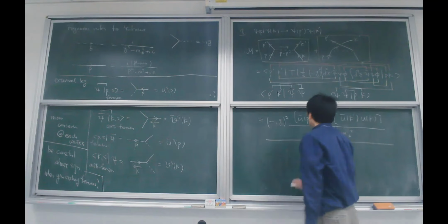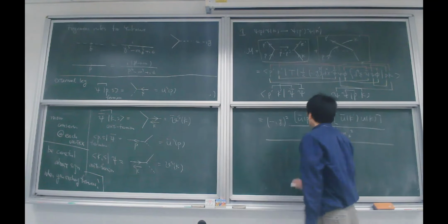So u is the contraction of p, and psi bar is the contraction of k prime. This is coming from here: psi is contracted with p, psi bar is contracted with k prime. So psi bar will give you this u bar k prime, and psi will give you u p.